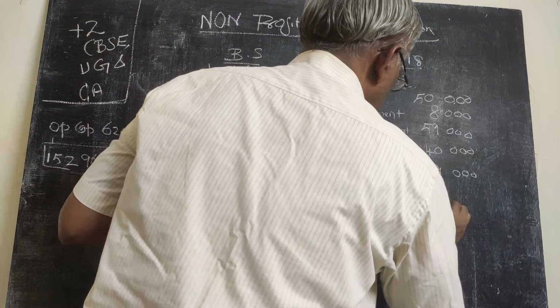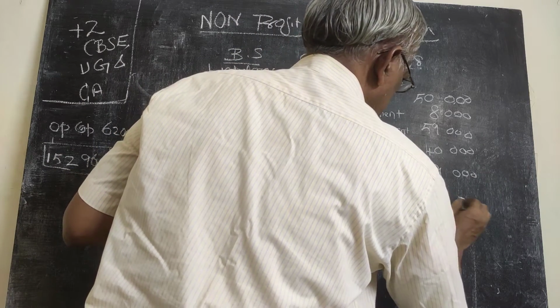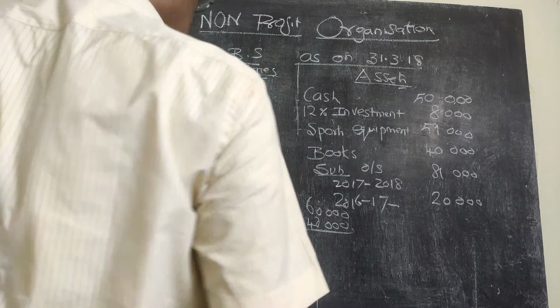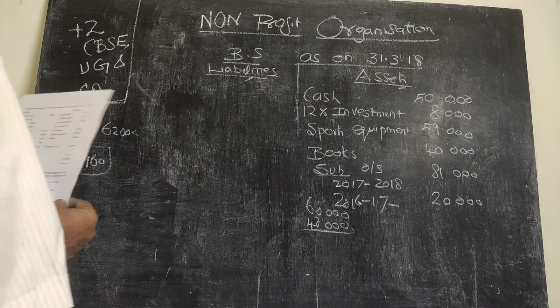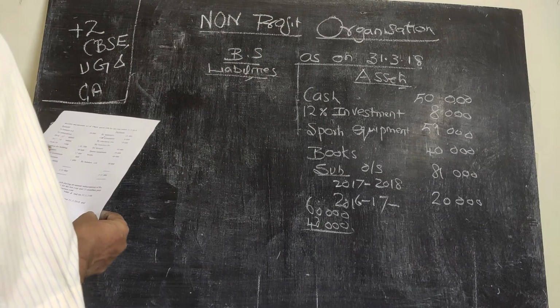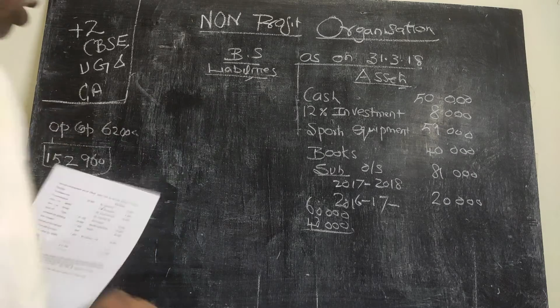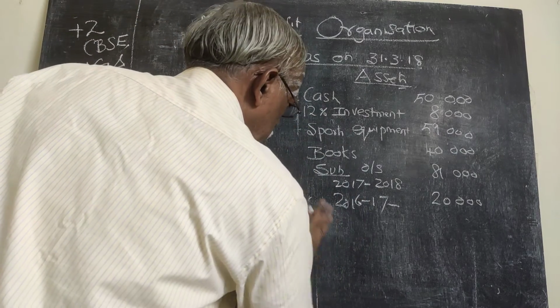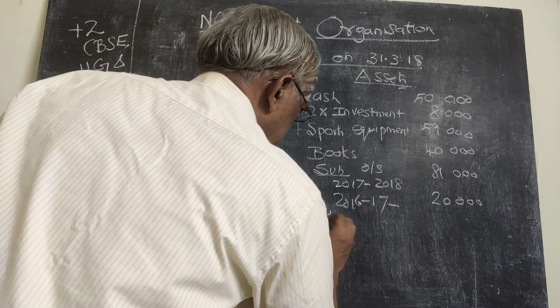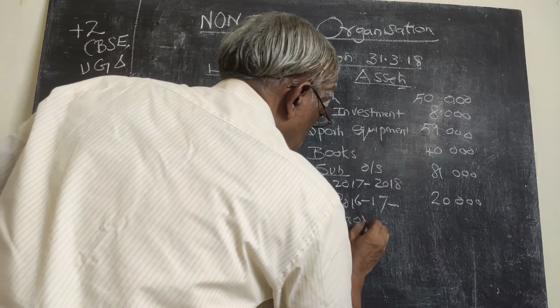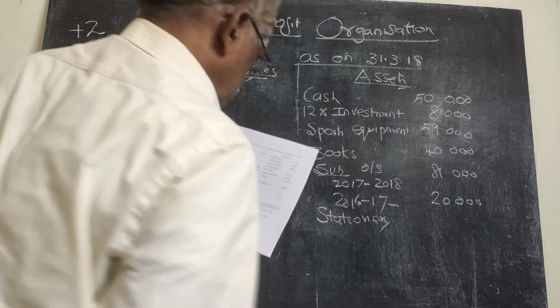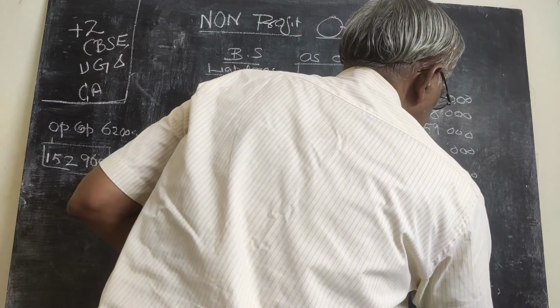Therefore 20,000 is the outstanding, the subscription outstanding of the previous year. We have taken into account all the things except that stationery. Closing balance of stationery, that is 4,000 rupees.